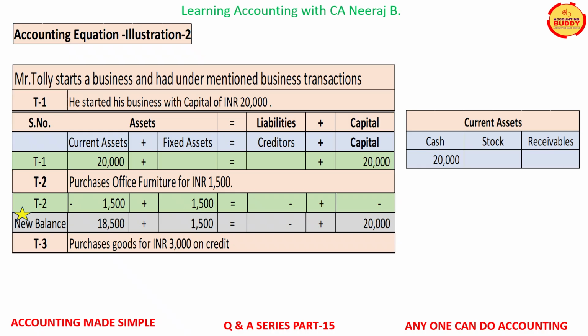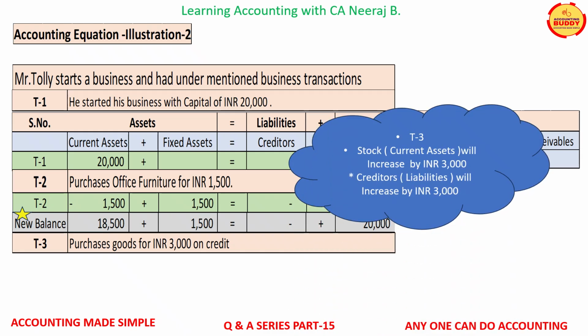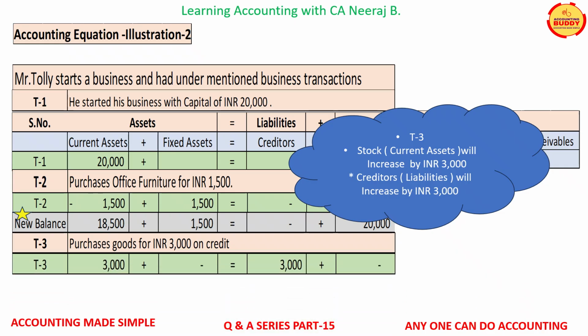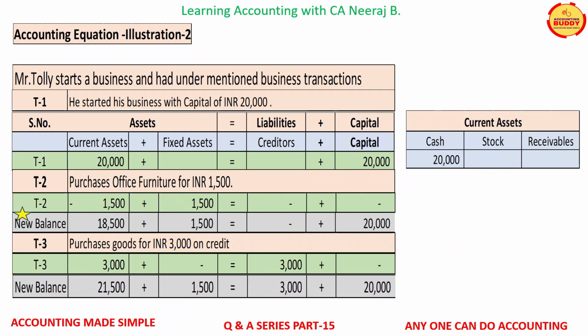Under transaction T3, Mr. Tolly purchased goods worth 3,000 on credit. Two accounts which are getting affected by this transaction are number one stock and number two creditors, as goods are purchased on credit. 3,000 will appear on the left hand side as the stock has increased, and the liability of 3,000, which has also increased, will appear on the right hand side of the accounting equation.